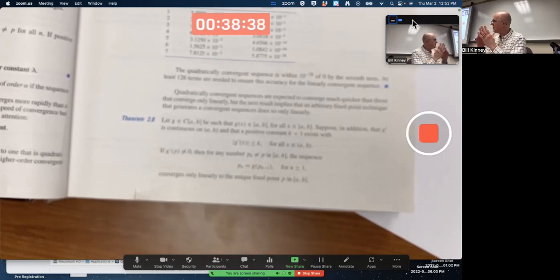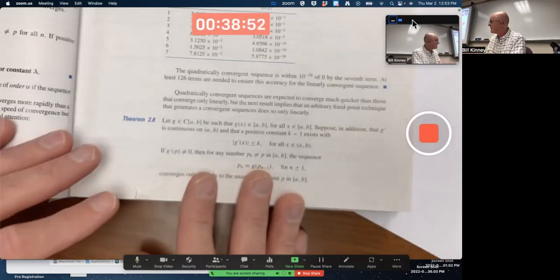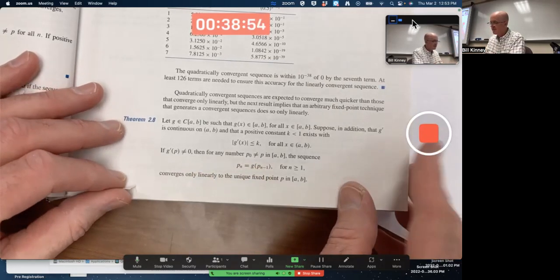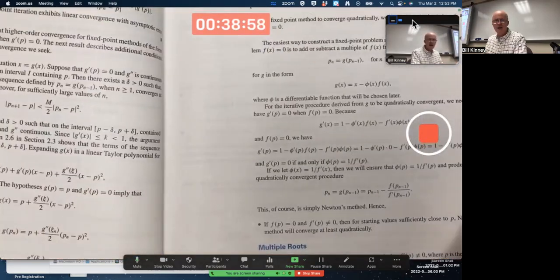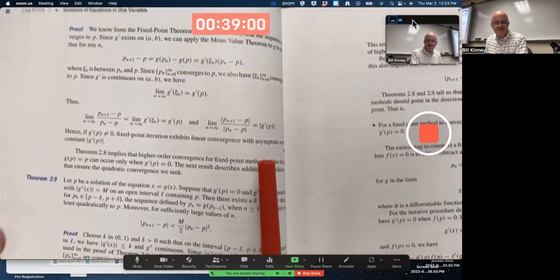And G prime at the fixed point, if it was between -1 and 1, the fixed point was attracting. And if G prime's a nice function, that means if your initial condition, your seed is close to the fixed point, it will converge to it. That's the kind of situation we're thinking about here with this theorem. There's convergence only linearly.